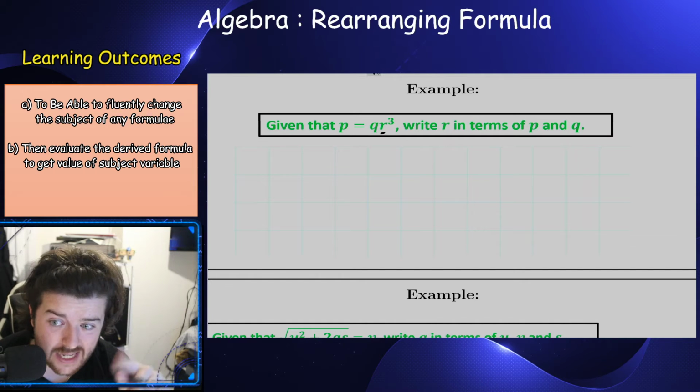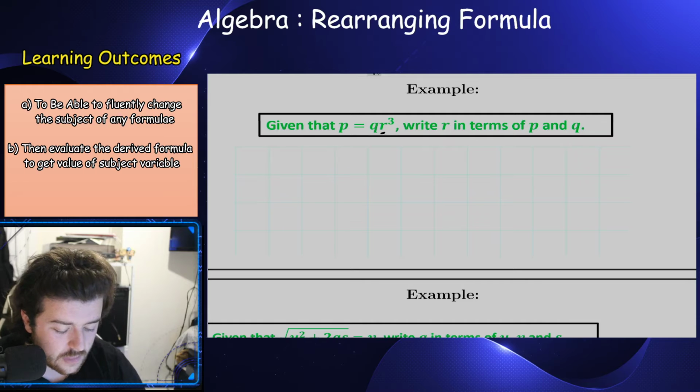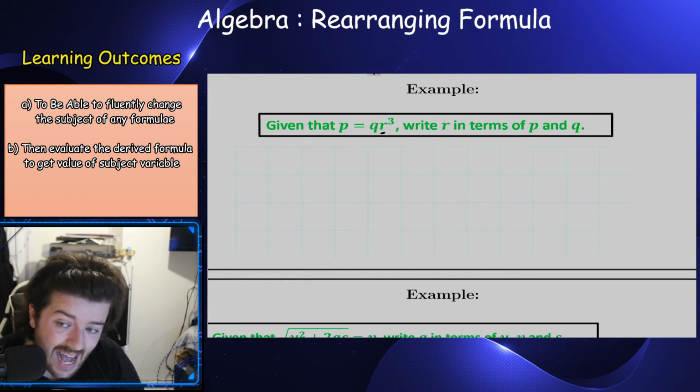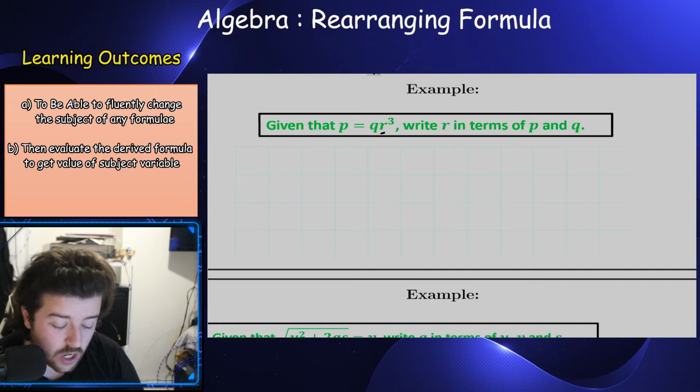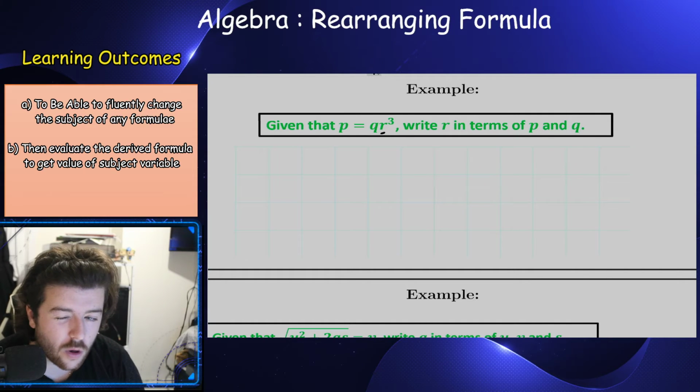Next step, BIDMAS backwards. Looking at my initial expression here, am I adding or subtracting anything from the term that has r? No, I'm not. So done, first step. Next step, am I multiplying or dividing the r term by anything?